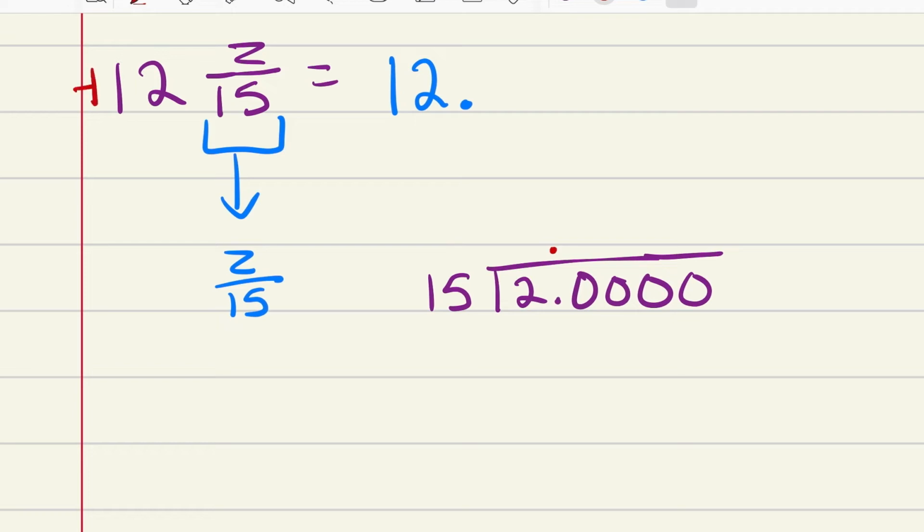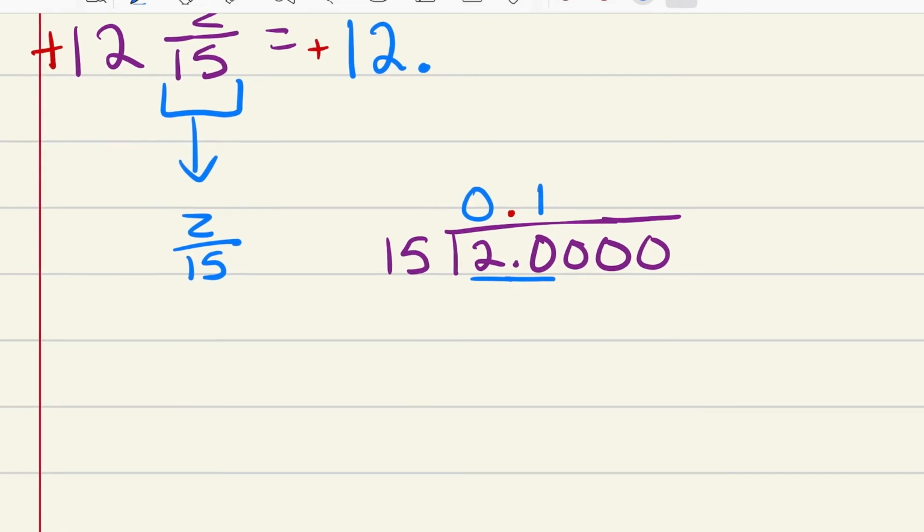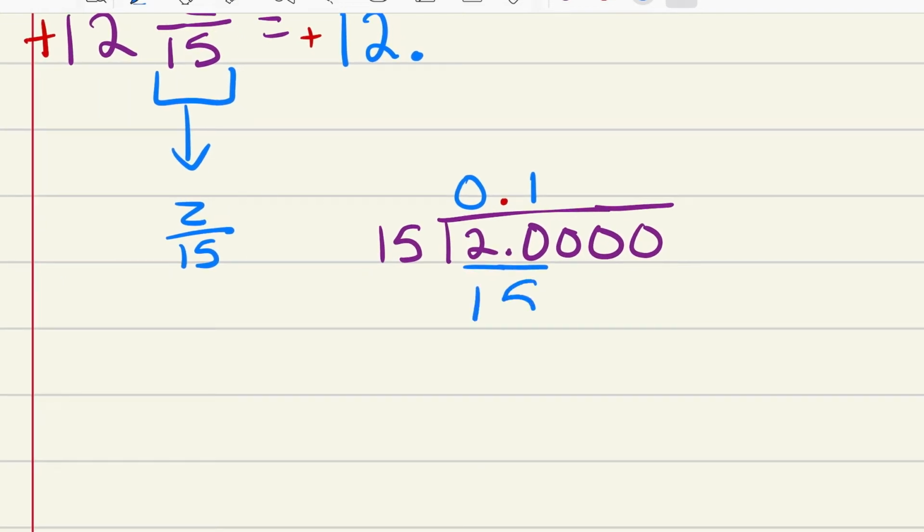All of this is positive, so we know right now our answer is positive. We don't have to worry about that one. But we do need to make sure we bring our decimal up. So 15 cannot go into 2. There's my 0, but it can go into 20 once. 15 goes into 20.